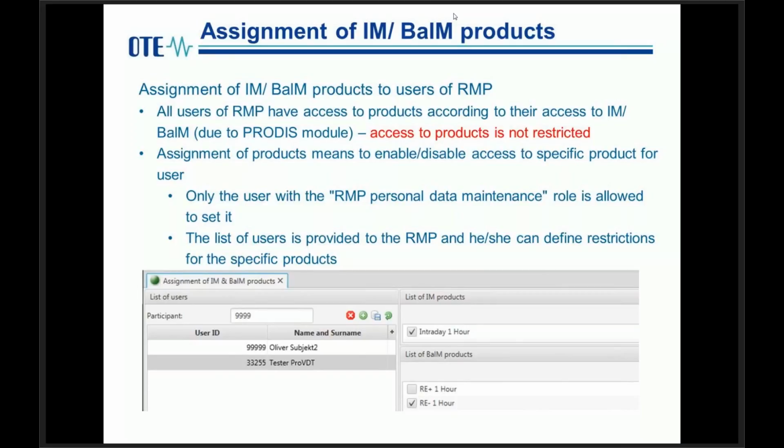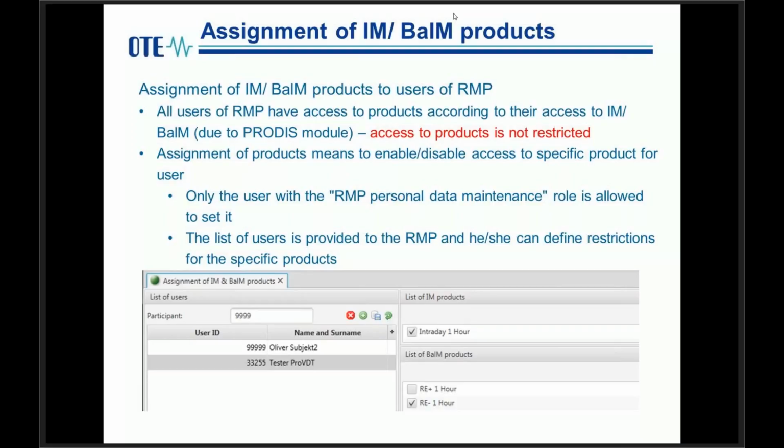So if the user has an access to the intraday market, automatically they've got the access to the hourly products of the intraday markets. If they have the access to the balancing markets, they've got the access to the hourly contracts which concern the plus and minus regulation and the positive and negative. This option is there to regulate the access of individual registered participants to individual types of contracts.